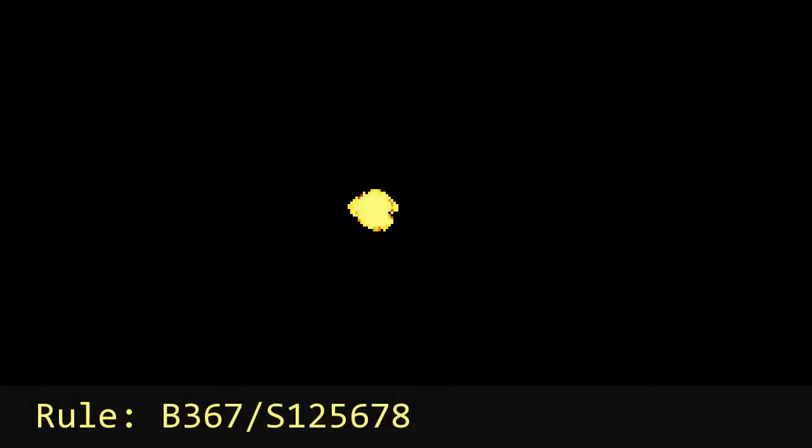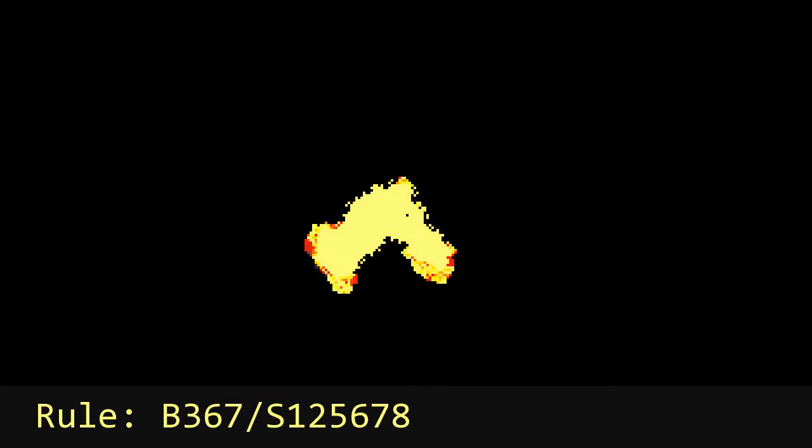Do you want more? Here is the slow blob rule, B367S125678, which, as its name implies, creates a kind of blob which slowly grows. But we quickly get bored of always using similar rules. We can fortunately keep things interesting, for example with the Hensel notation, which doesn't consider the number of cells around but their shape.